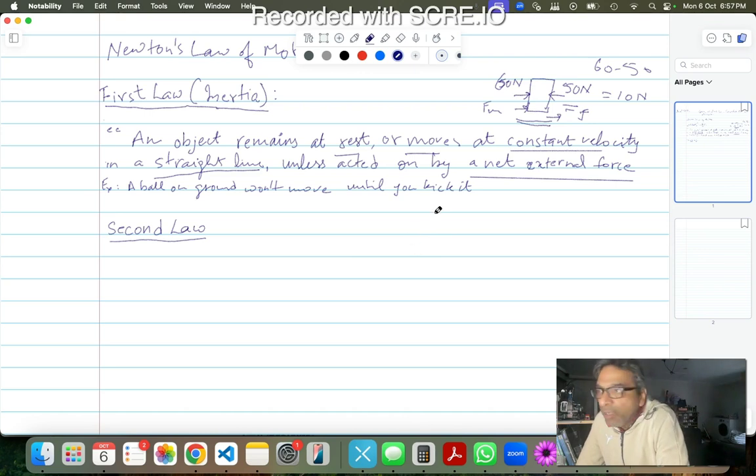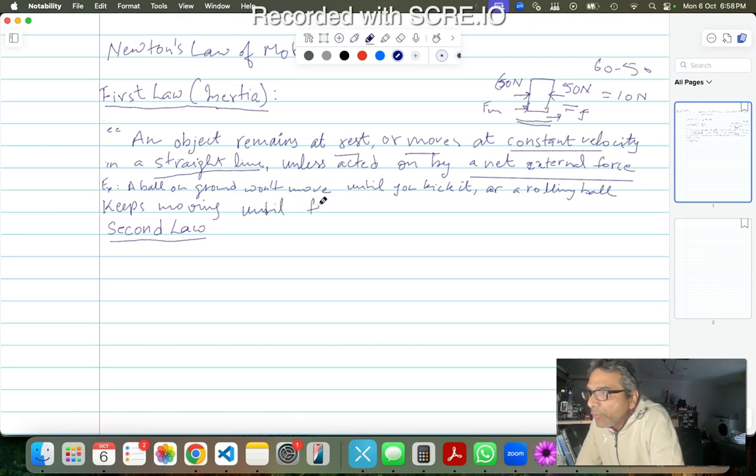Or a rolling ball keeps moving until friction stops it, right? This is the example.